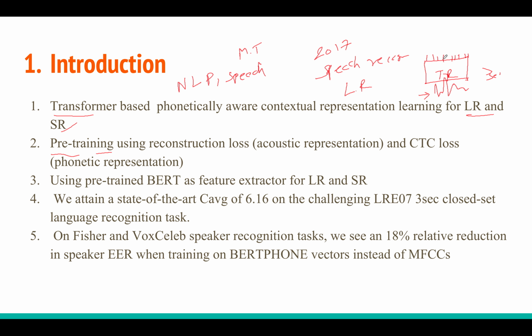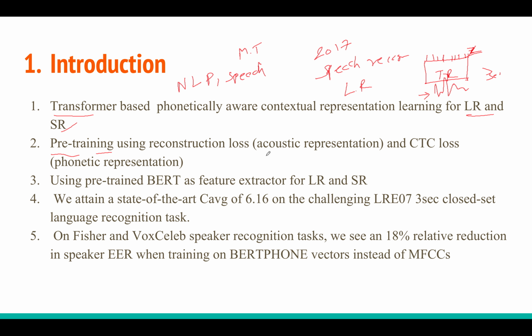Let's call them Z, and Z will represent some phoneme relationships, basically the contextual representation of the phonemes. That's how you learn the transformer and then use those embeddings for the speaker recognition and language recognition tasks.